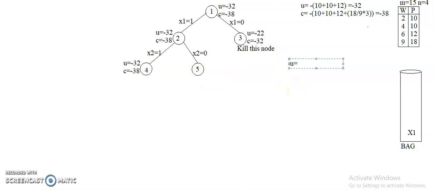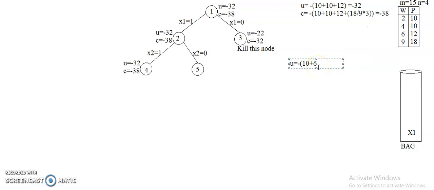So the upper bound is equal to: the first item is considered, the second item is excluded. Profit here is 10 plus the second item excluded. The remaining capacity of the bag is 15 minus 2, that is 13. 13 minus 6, I can add the third item.